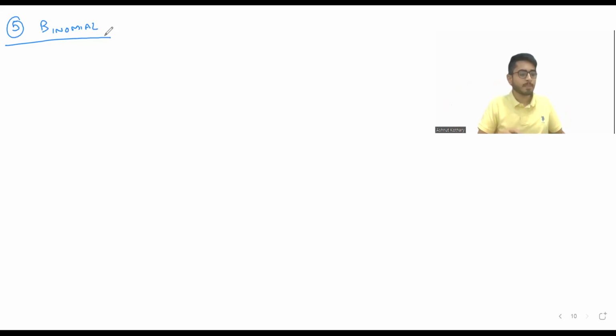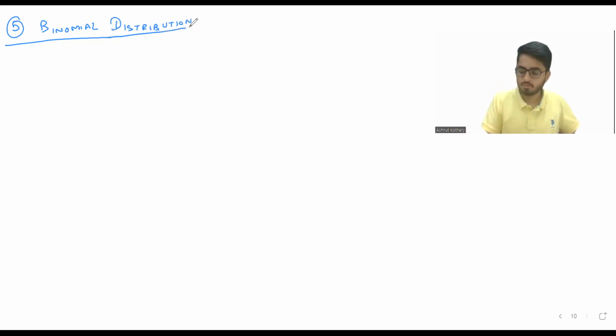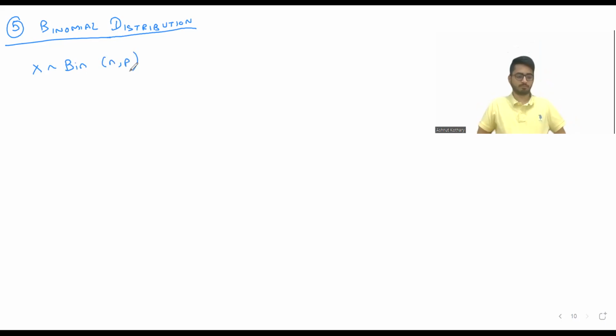So right now, the binomial distribution, and in that, first the way to denote it: we have two parameters over here. One is n and another is again p. Note that p by default is nothing but probability.